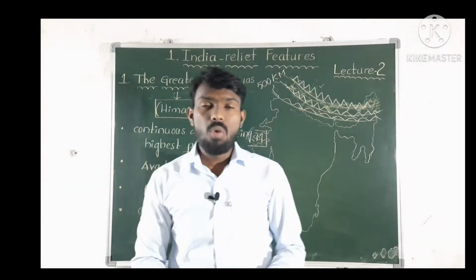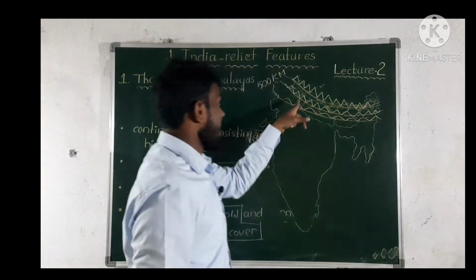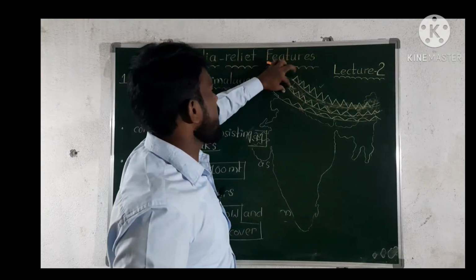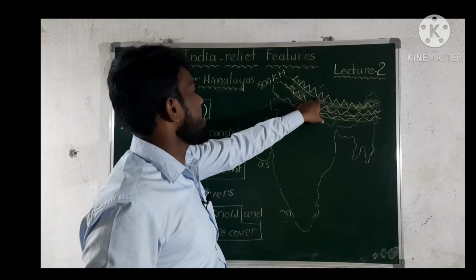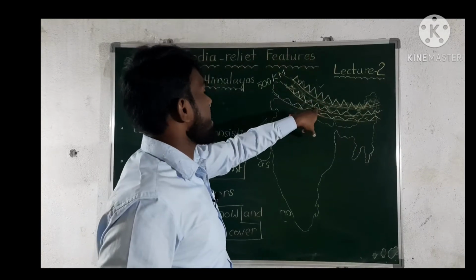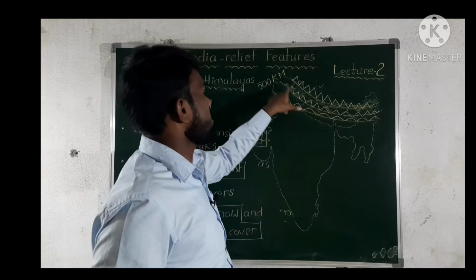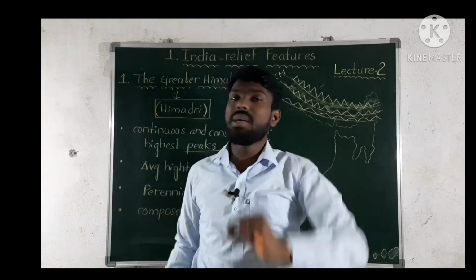Now we'll move forward to the second one, which lies next to the Greater Himalayas, in the southern direction. That is called the Lesser Himalayas.